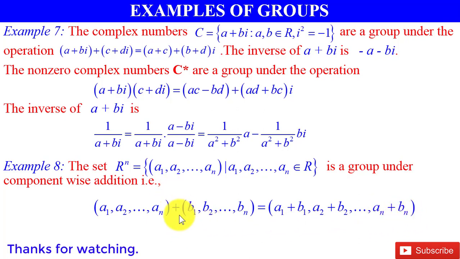In this case, n tuples of 0 elements, that is 0, 0, 0 up to 0, is the identity element of Rn, and inverse of a1, a2, up to an is minus a1, minus a2, up to minus an.